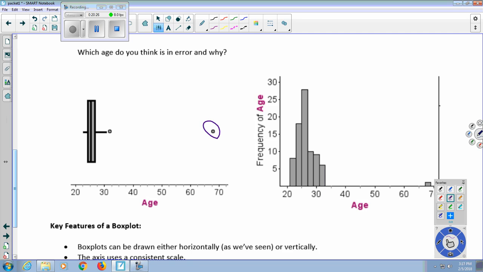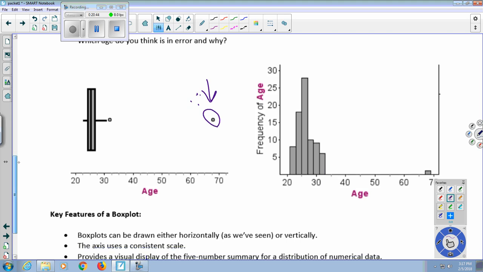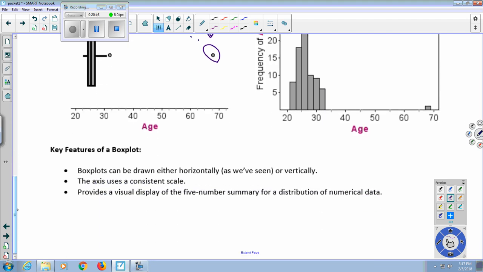Maybe there was a typo or someone didn't read something right. A lot of times data is collected by hand or typed in, and that can happen. So a person would verify this. Is this an accurate data point? And if it's not, it could be fixed before the analysis actually began.